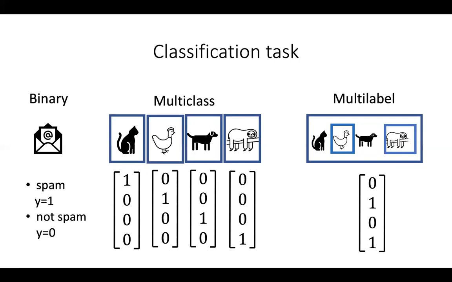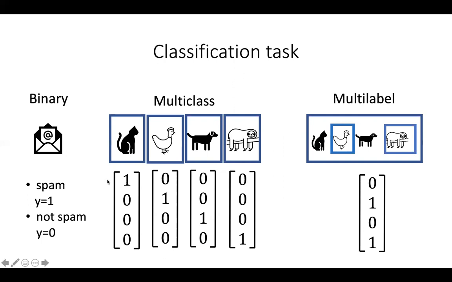If it's spam, we label this as 1, for example, and if it's not spam, 0. Then the multi-class classification task, multi-class single-label. In this case, for example, you have some kind of images. On the image, you can have only one type of animal. So these classes are mutually exclusive. You can have only one positive class.